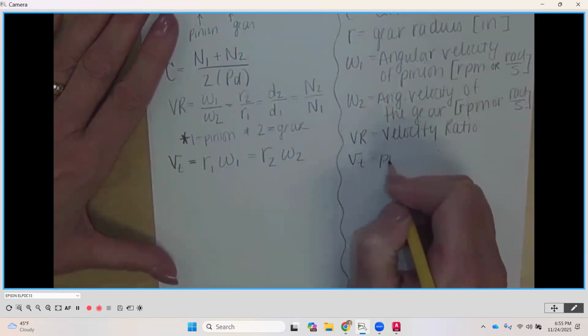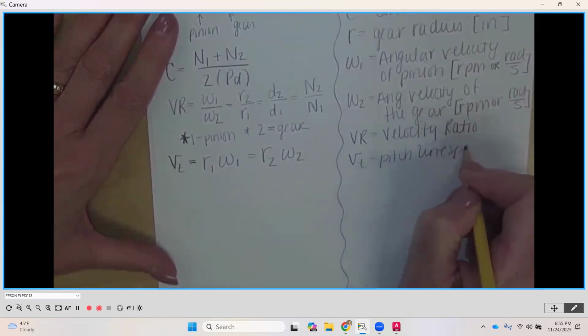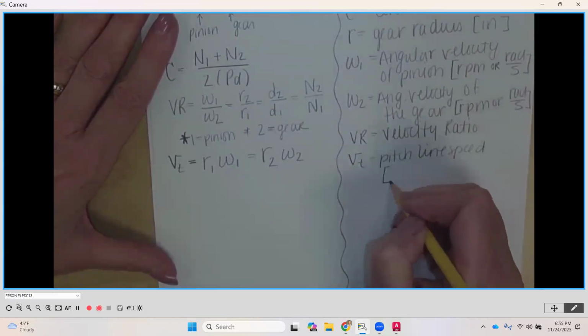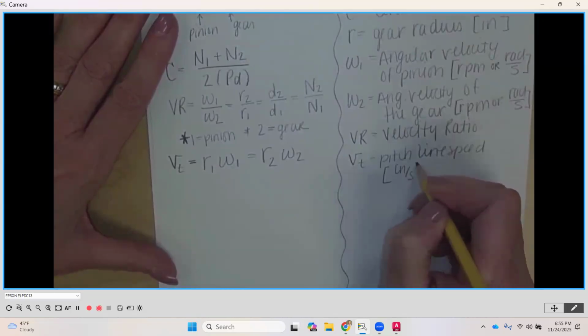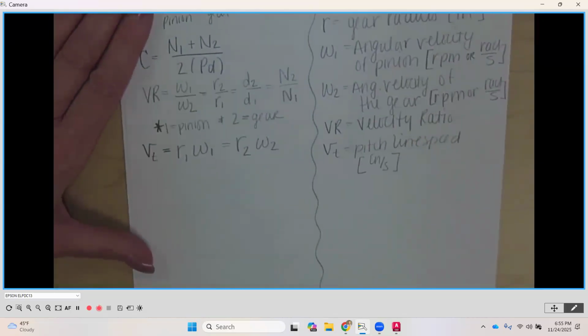VT is pitch line speed, and it is going to be in inches per second. Pitch line speed is the same as the straight line velocity component of the rotational motion.